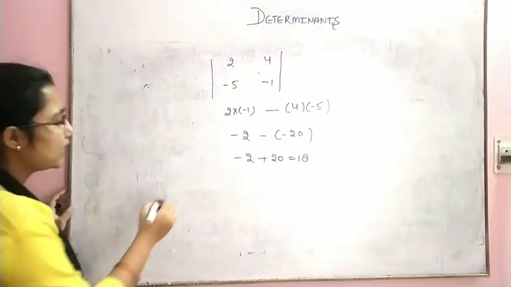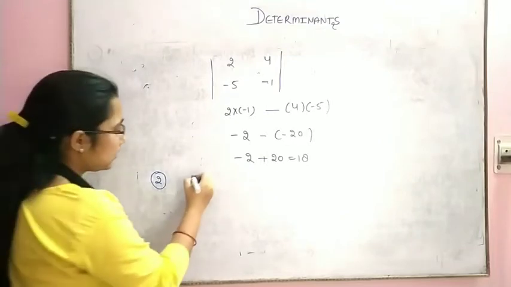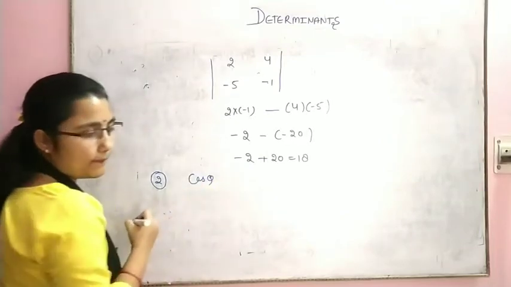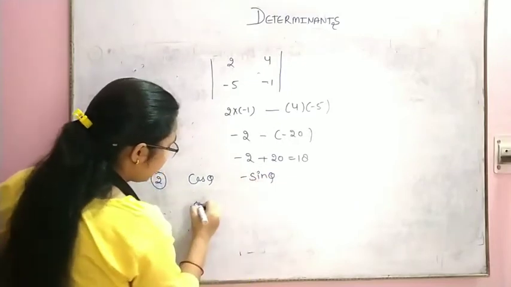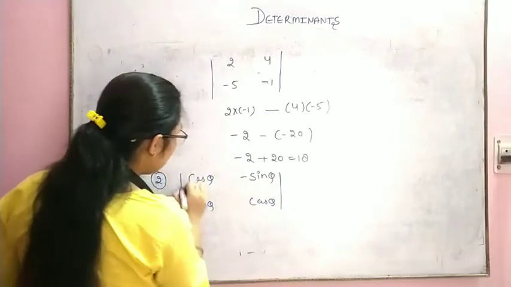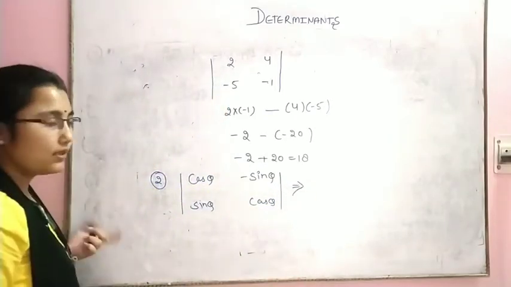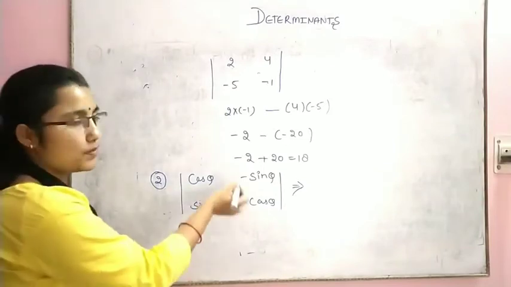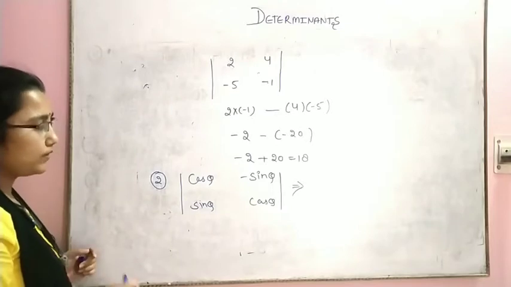Got it? The second question of exercise 4.1 is cos theta, minus sin theta, sin theta and cos theta. We have to find out the value of this determinant. So this is very easy. Firstly, cross multiply the elements and use a subtraction sign between them, and you get the value of the determinant.